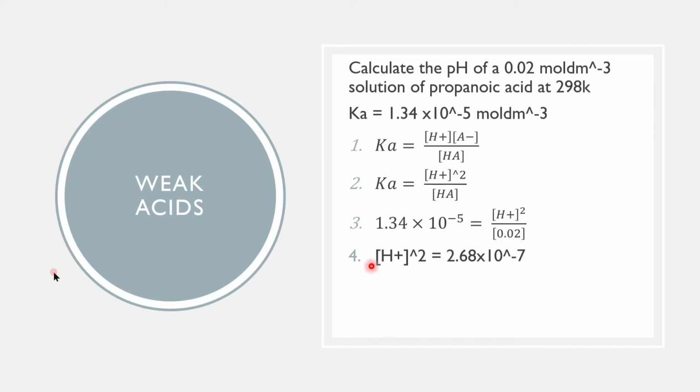And then to get our hydrogen ion concentration alone, we can square root both sides. So we get that our hydrogen ion concentration is this number here. And then we can plug this straight into our pH equation, the negative log of our hydrogen ion concentration, to get that the pH of our propanoic acid solution at 298 Kelvin is 3.29.